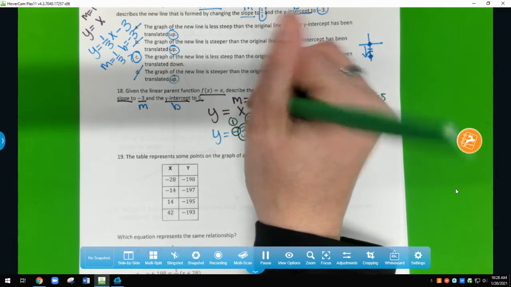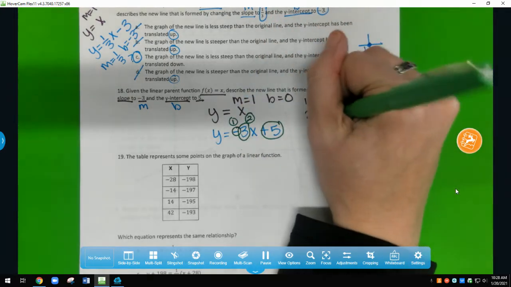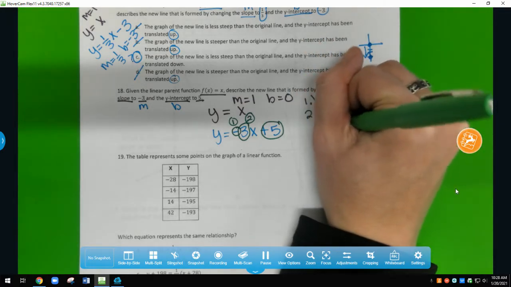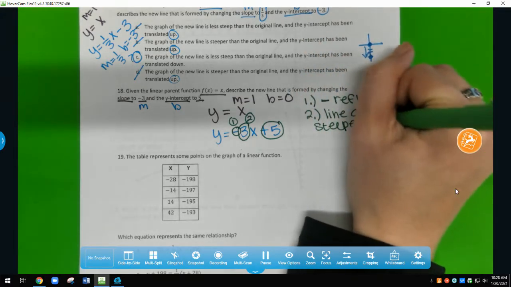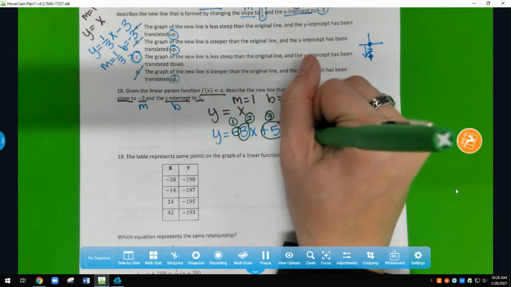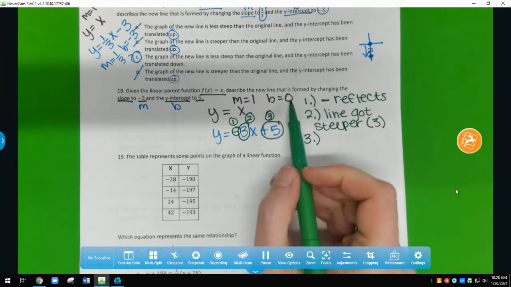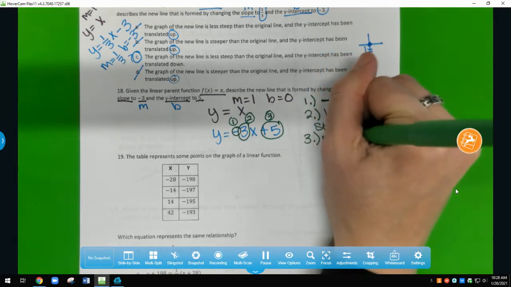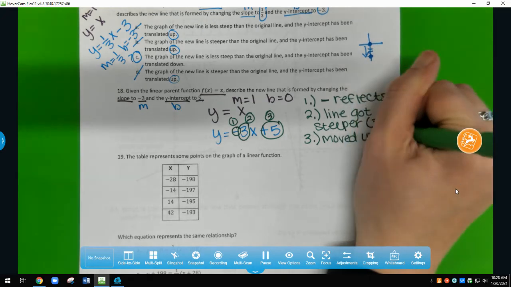Since 3 is bigger than 1, our line got steeper because of the 3. And then change 3, I went from a 0 to a +5, so it moved up 5.